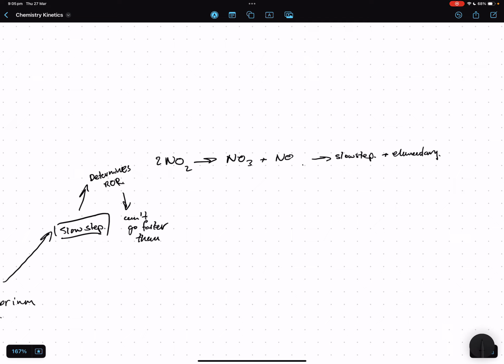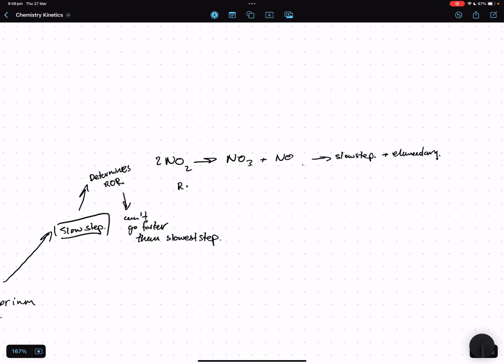Think about it like this. There's this very cool metaphor: the weakest link in the chain ultimately determines the strength of the chain. You're no stronger than your weakest element, because that element always breaks first. So this is exactly the same. The slowest equation determines the overall rate, because we cannot go faster than that rate.